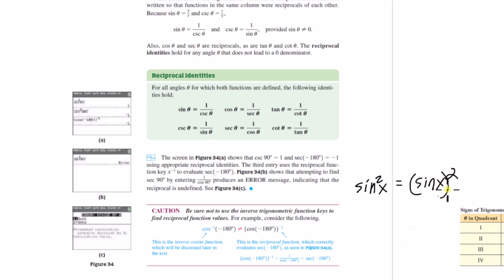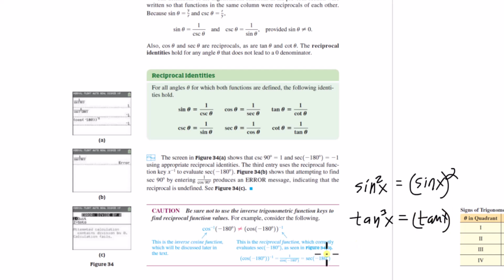That's exactly what this means. And you could do the same thing with cubed, etc. This applies to any trig function. Tangent cubed of x is tangent of x, cubed.